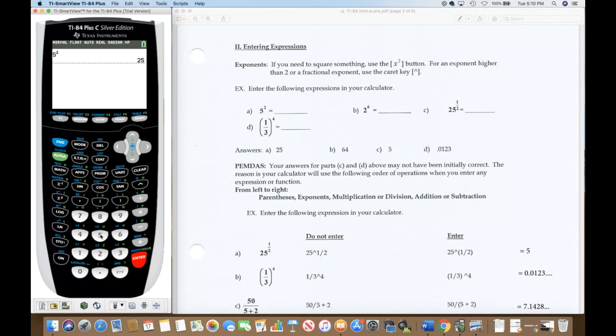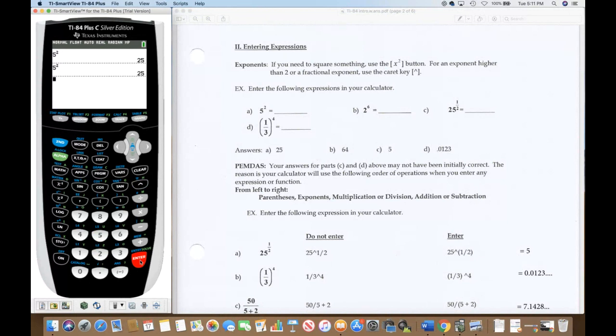So I'm going to go ahead and hit 5, caret, and you'll see that 5 now has a blinking cursor in the exponential area. The caret turns the next key into an exponent. So I'm going to go ahead and hit 2, and 5 becomes 5 squared. Enter, and we got 25.